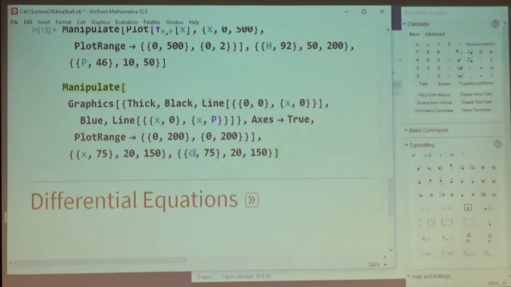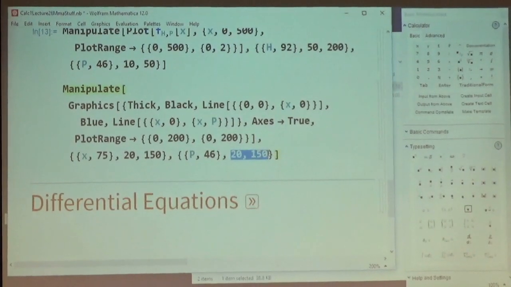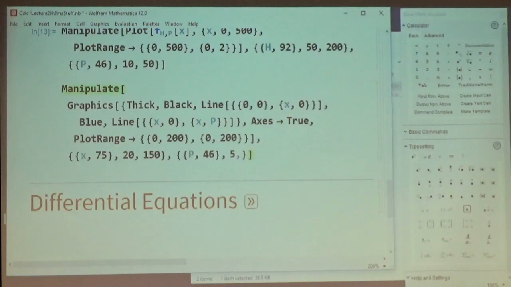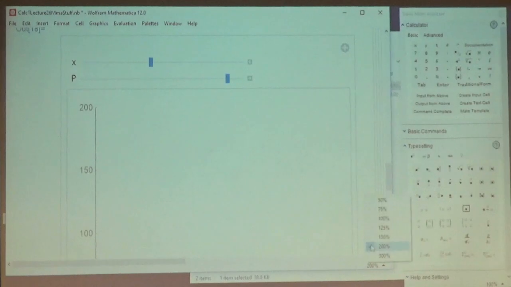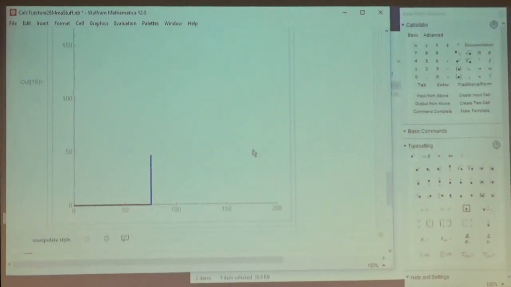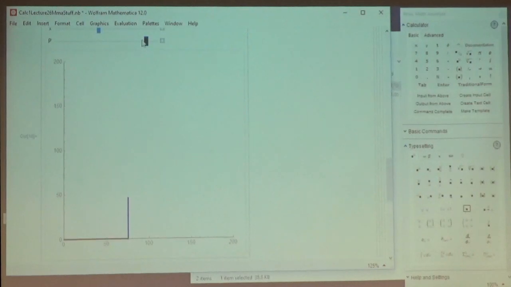Change this x to a p. The one from the book starts out at, say, 46 meters. Let it go down to, say, 5 and as high as 50. This now allows me to change the height of the pedestal as well. I can change the height of the pedestal. I can change my distance to the pedestal.